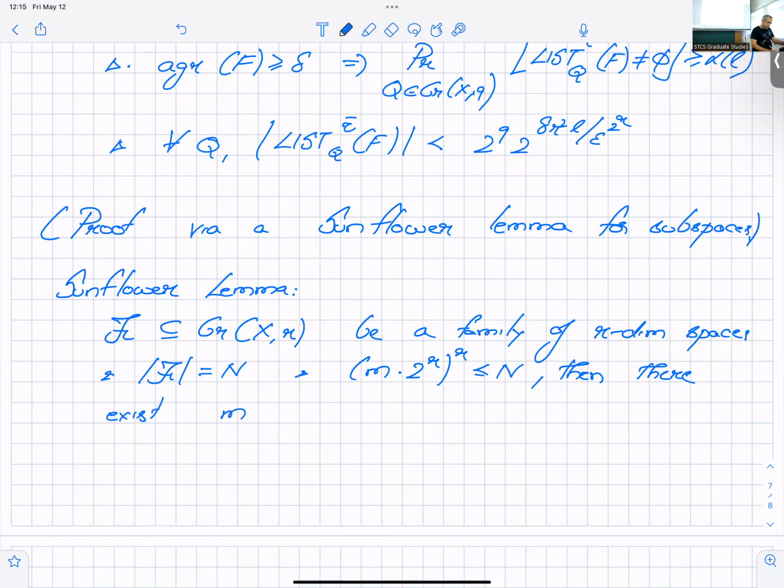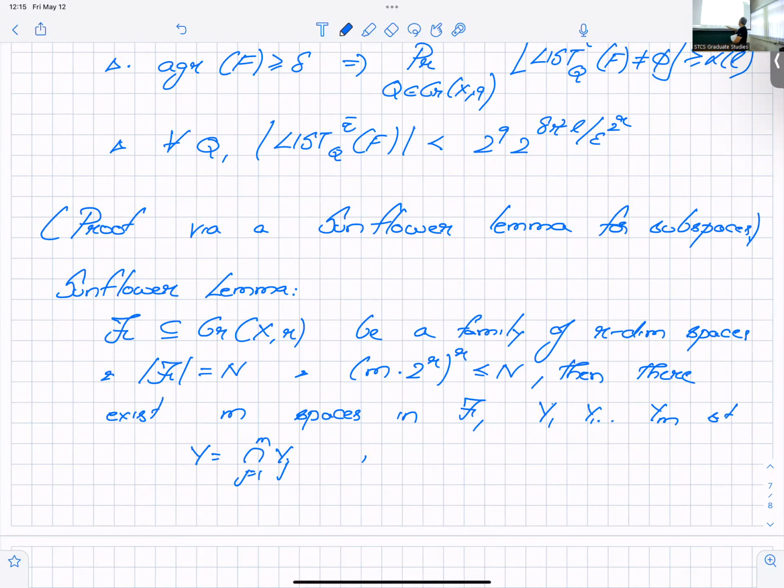m subspaces in F. Say, let's call them y1, y2, ym, such that y is equal to the intersection of the yj. That is, take the intersections of all the j equals 1 to m.